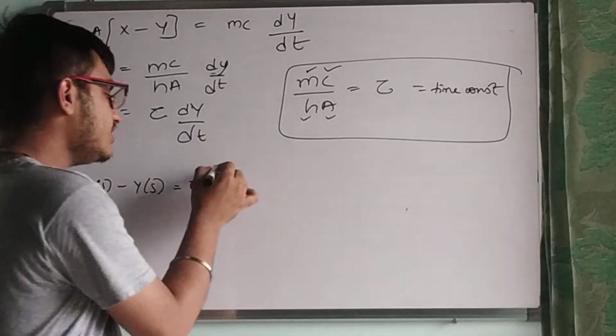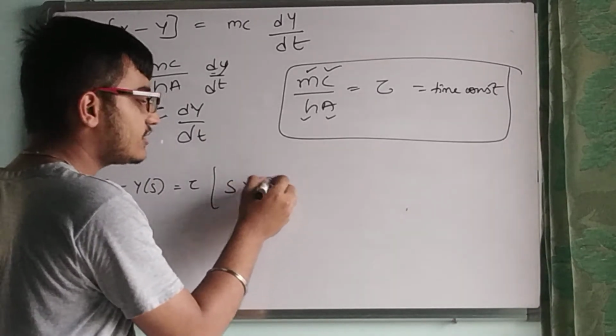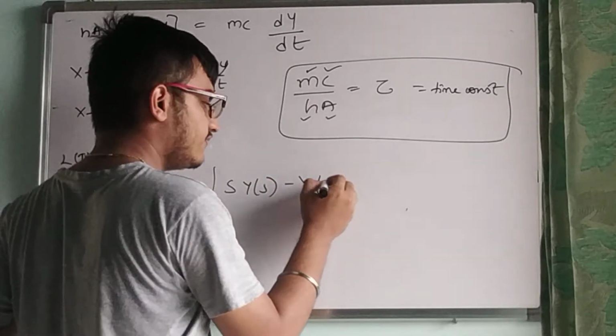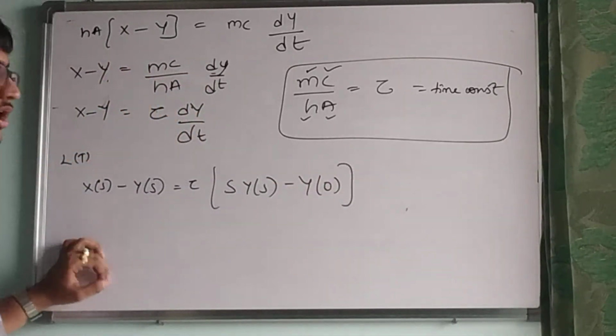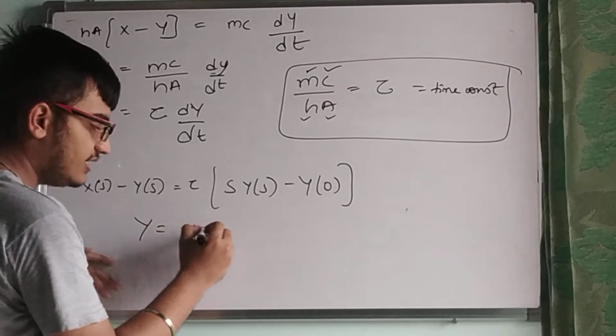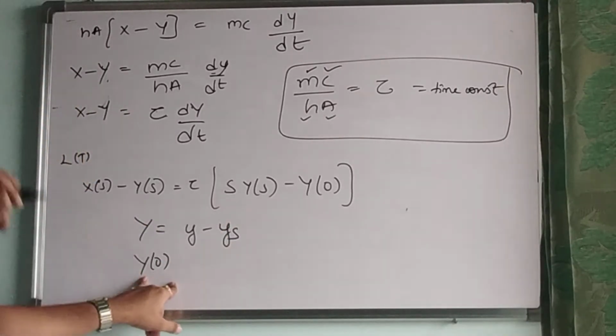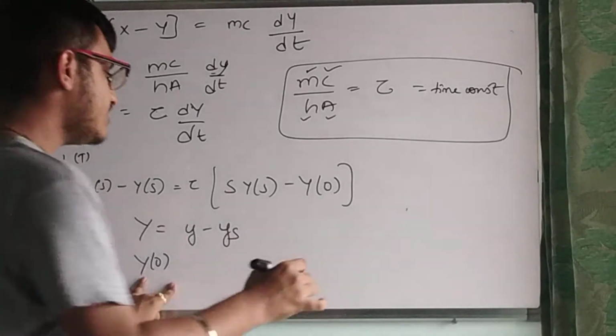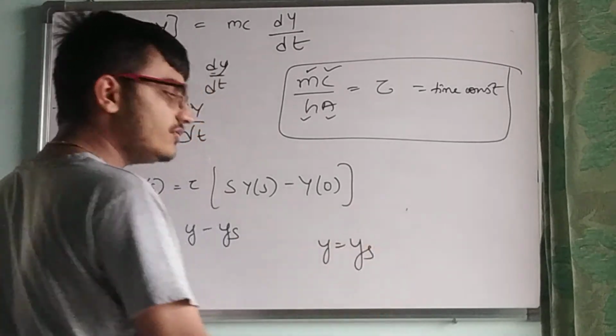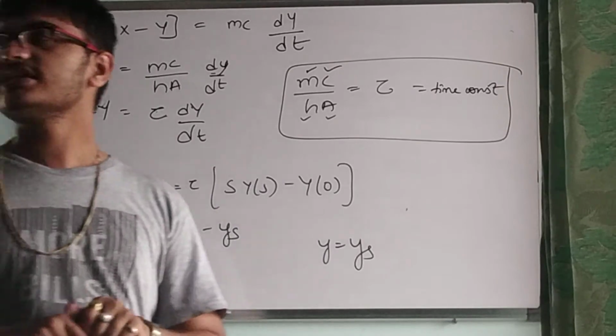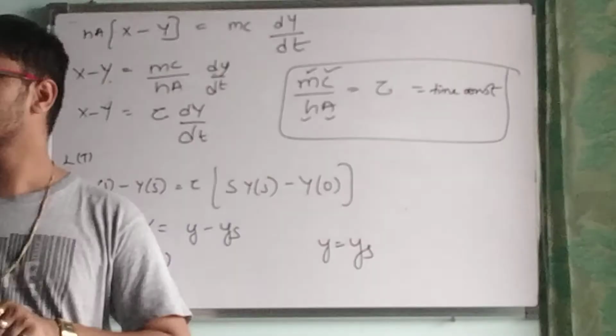Laplace transform of this is S into Y of S minus Y of 0. What is capital Y? Y minus YS. That means Y of 0 at initial condition: Y will be equal to YS only.